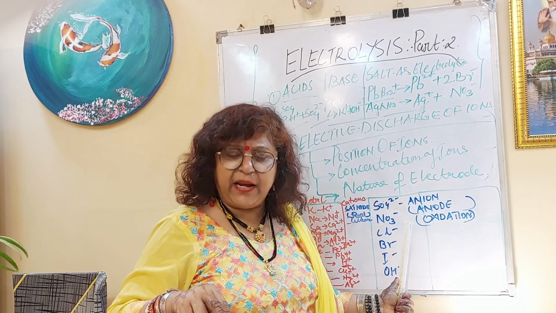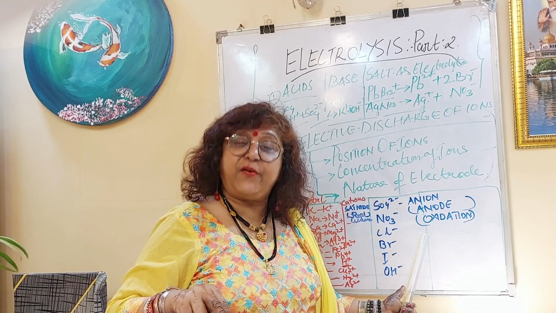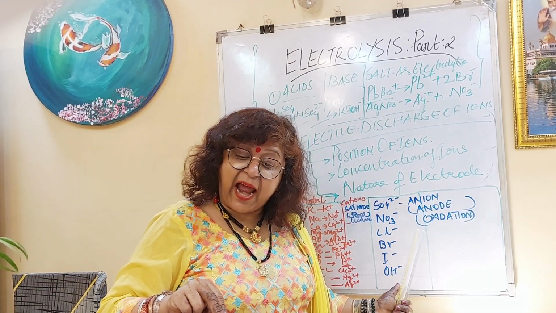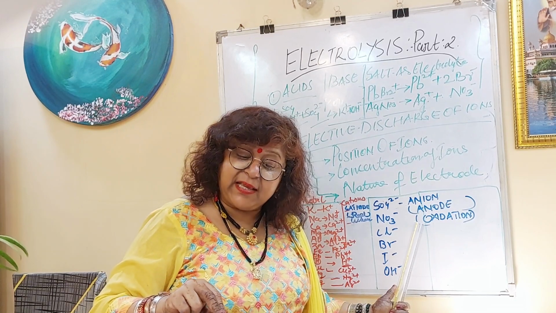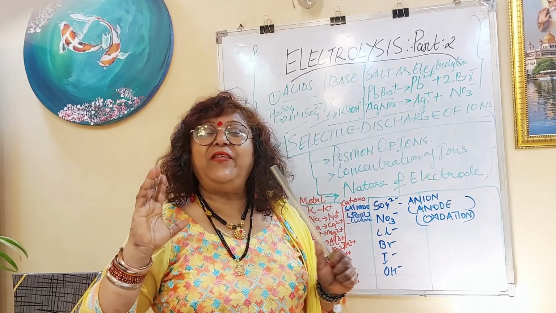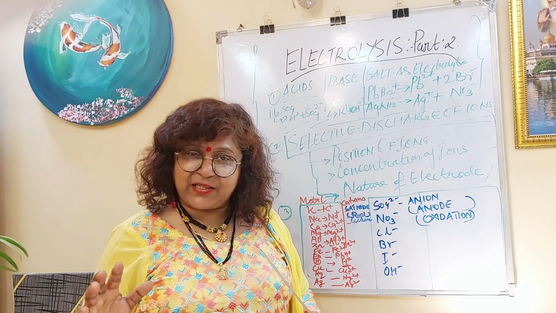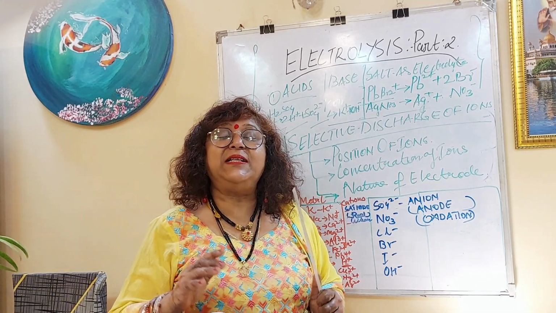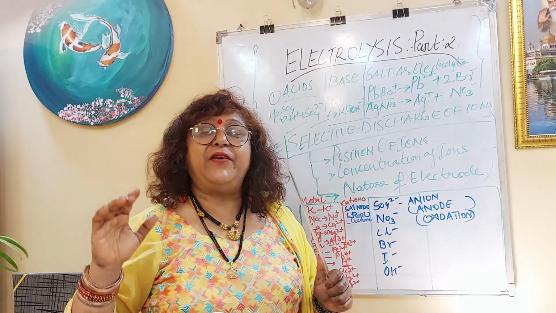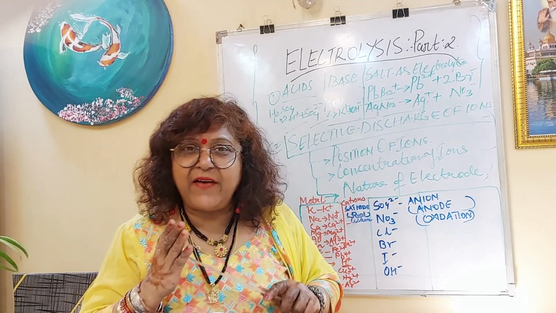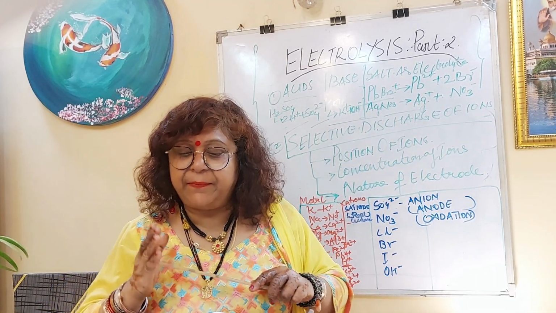They are discharged at the anode by the loss of electrons, and the tendency of the anions to get oxidized at the anode increases on descending the electrochemical series. So if they ask you for the comparison, give the electrochemical series of a cation or an anion, and where they are formed. Got it? So that is the second factor on which selective discharge of ions depends.